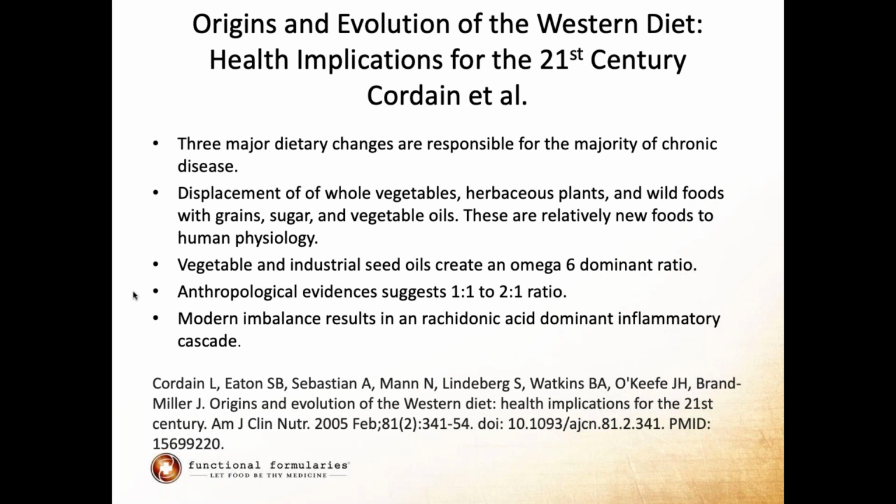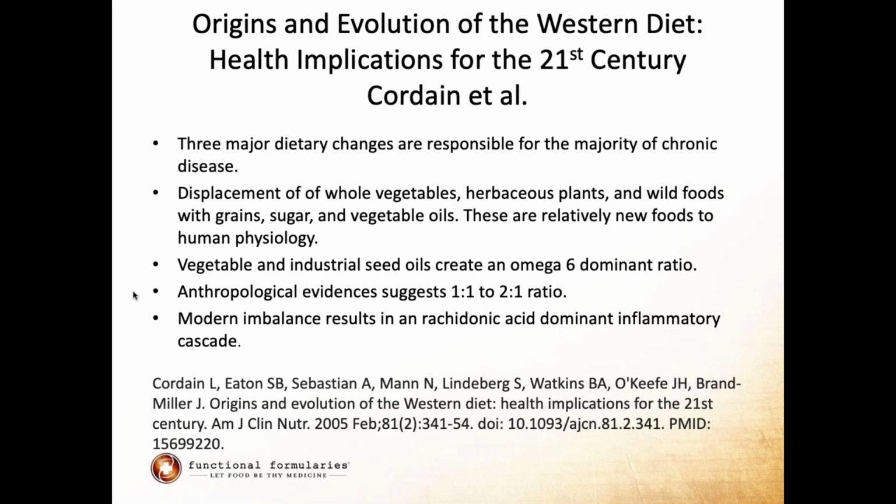And I don't make that statement lightly. I really have an incredible amount of respect and appreciation for the work of Loren Cordain and the other authors that wrote this amazing paper, which is Origins and Evolution of the Western Diet: Health Implications for the 21st Century. It's a 2005, as you can see here, American Journal of Clinical Nutrition paper. It was February of that year.